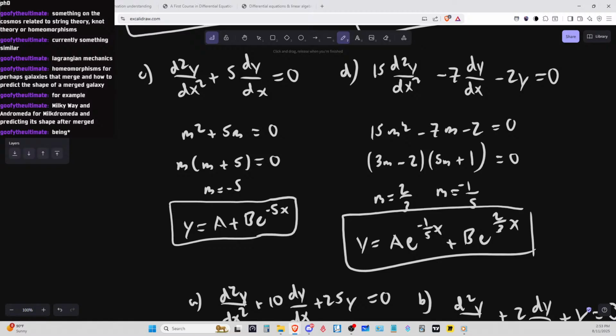No, I am not in Japan. Well, why you ask, Tenzin? Something similar to Lagrangian mechanics, homomorphisms, or perhaps galaxies that merge, or how to predict the shapes of the merge of galaxies. For example, the Milky Way and Andromeda, predicting its shape after being merged.